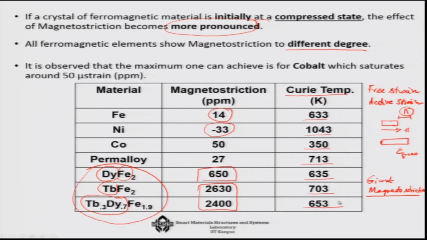That means, even if you apply magnetic field, the domains will be so much thermally agitated that they will not be able to align themselves towards the direction of magnetic field, and hence the magnetostrictive effect will not come up. So, this is a point we have to keep in our mind.